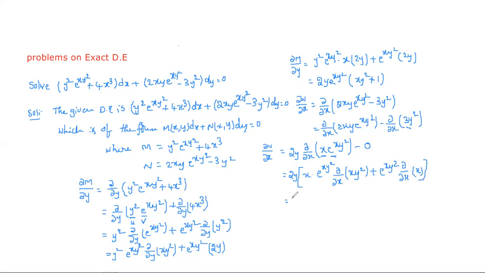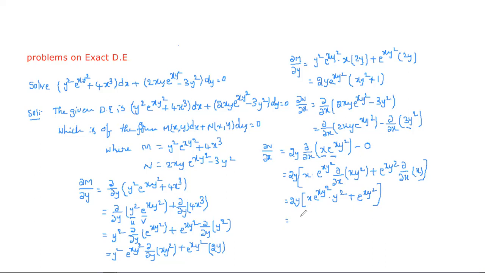So this is equal to 2y into x into e power xy square, and the derivative of x we are applying. y square is a constant, we can write outside, and dou by dou x of x is 1, plus e power xy square. Why? Because dou by dou x of x is 1.